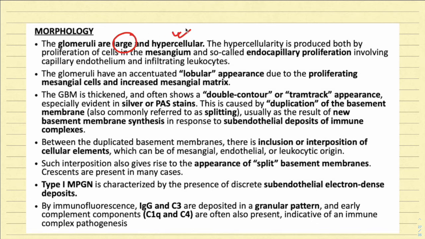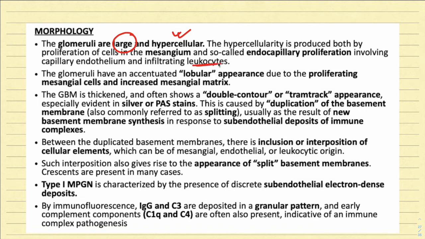So over here also we can see the same thing. The hypercellularity is produced why? Over there also the same cause, here also the same cause, because it is a proliferative glomerulonephritis. So over here it is produced by both the proliferation of cells in the mesangium as well as endocapillary proliferation, the same thing as we have seen, and there is an infiltration of leukocytes also.